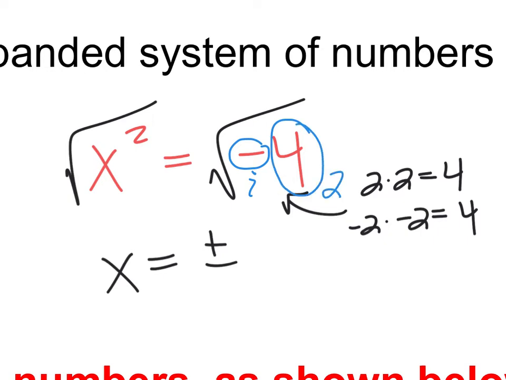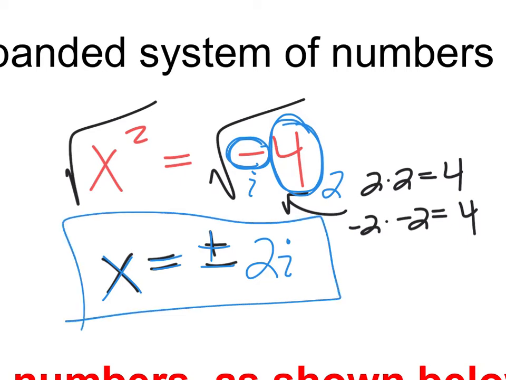So my answer would still be x equals plus or minus, and then I like to write the 2 first, so the square root of 4 would be 2, and then that negative means we have an imaginary number, so plus or minus 2i would be my answer for the square root of -4.